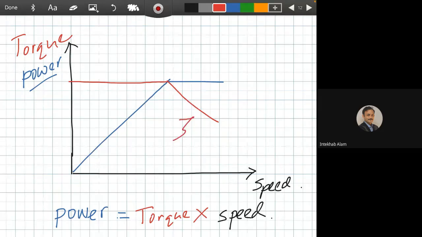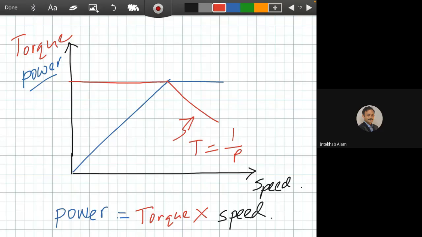Now here torque equals P divided by S. Since S is increasing, it is like a parabolic function. We can define it as m divided by x, that means 1 by x.